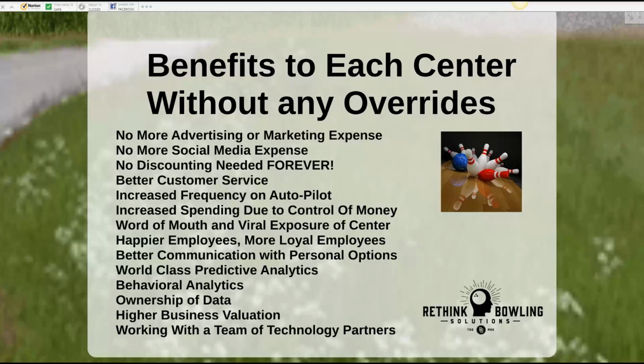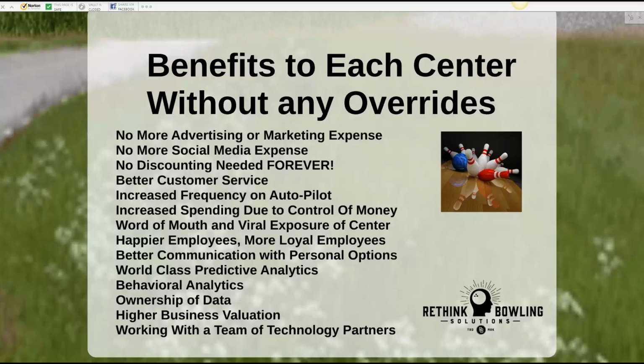So you get ownership of the data and higher business valuation. Now you get higher business valuation for three things. Not only because you're making more money and spending less to make more, but your formula also changes because you have monthly recurring revenue. You've got these people paying memberships to you, and a monthly recurring revenue model with mobile technology gets a higher valuation.